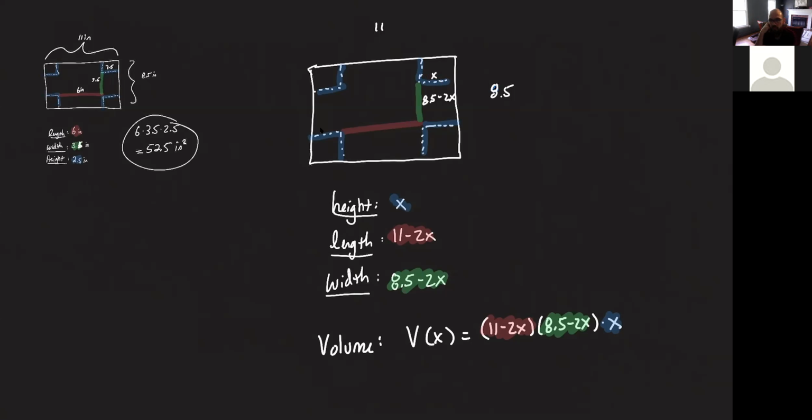But is there a maximum value that I could pick? Certainly 0, if I just chose x to be 0, I just have a flat piece of paper, so my volume would be 0. But what's the tallest box that I could make?